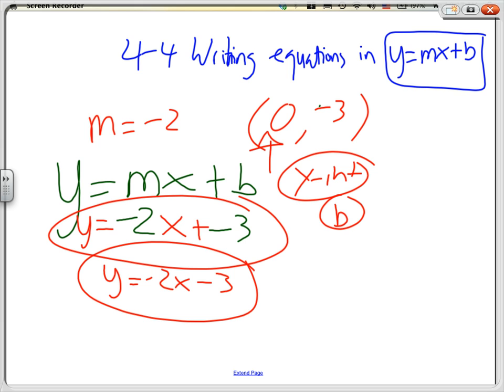So this is the first variation. The second variation looks like this. Let's pretend that I give you a slope of -5, and I give you a point of (-2, 7). If I ask you to write this in slope-intercept format, immediately what should you be doing?